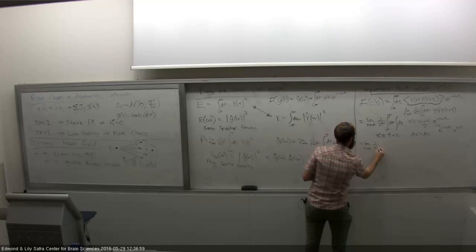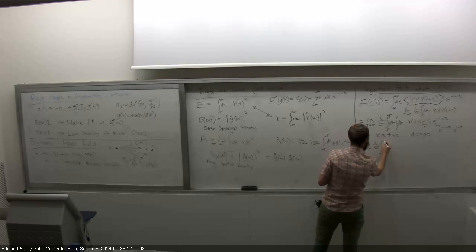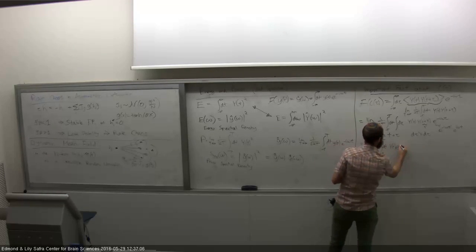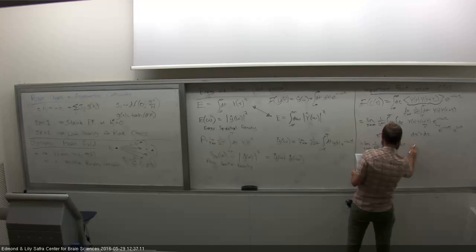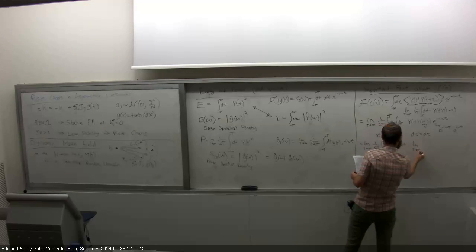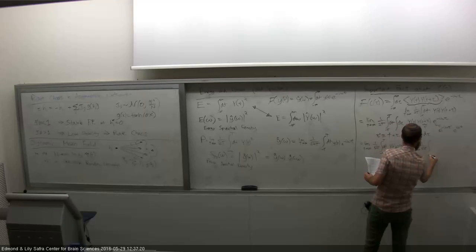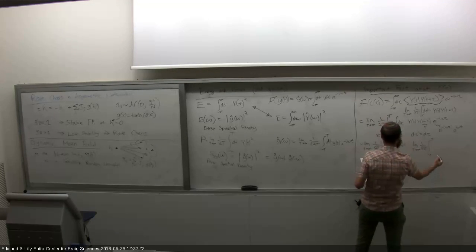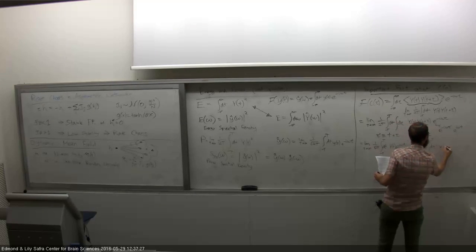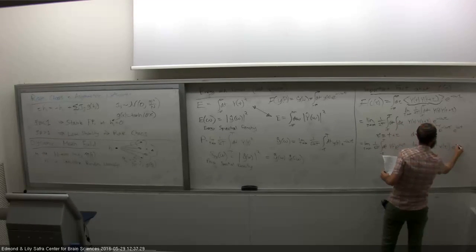I'm going to write 1 over the square root of 2T for the first integral, dt, which has y of t, e to the positive i omega t. And then another 1 over square root of 2T, integral from minus T to T, d tau prime, y of tau prime, and e to the minus i omega tau prime.